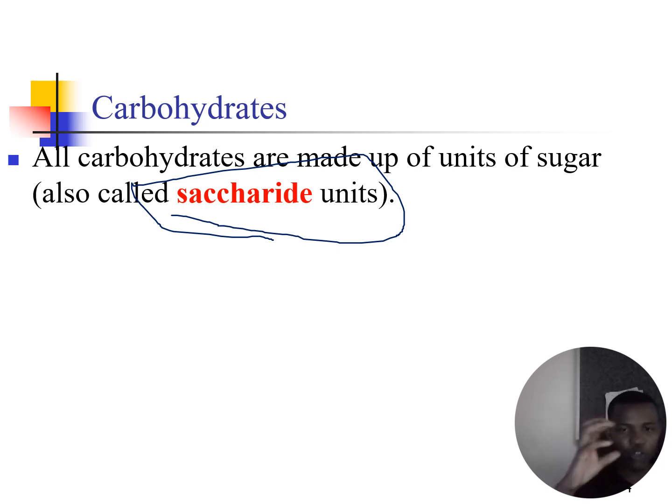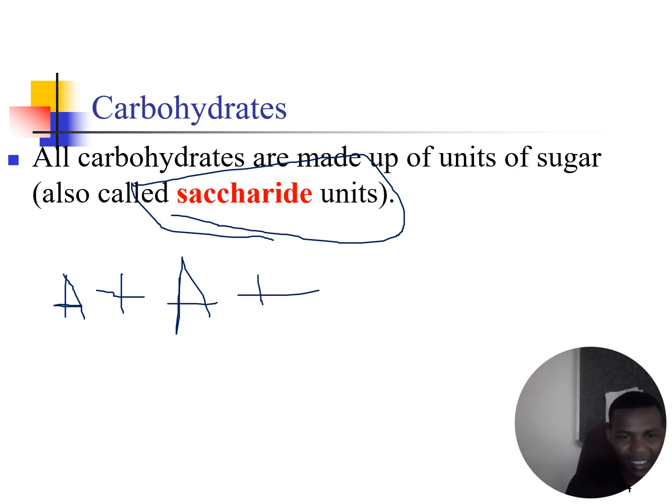So sugars are going to come together. Let's assume that this is sugar A. This is a saccharide. It's going to mix with sugar A again, then mix with sugar A again. When sugar A is alone, it is called a saccharide, and because it's alone, we use the word mono.